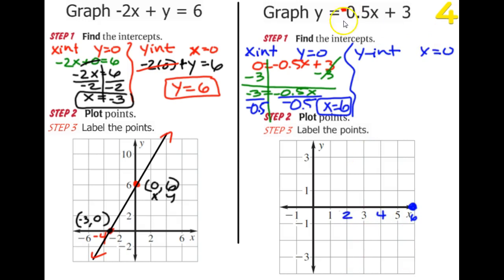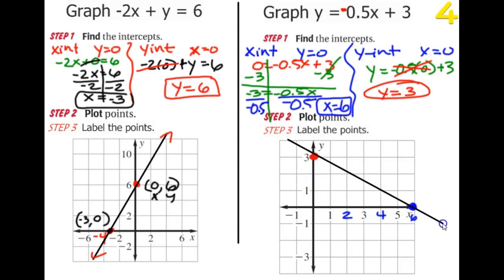And then plugging in x is 0, we have y equals negative 0.5 times 0 plus 3. Well, that makes 0, so we just have y equals 3 right there. And draw our line through it. If we want, we can label the points x, y. X here would be 0, and we went up 3. And over here, x is 6, and we went up 0.